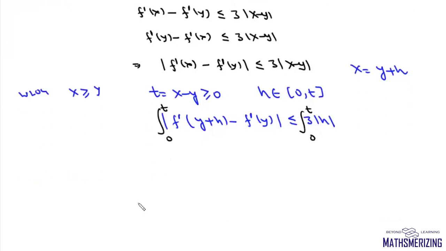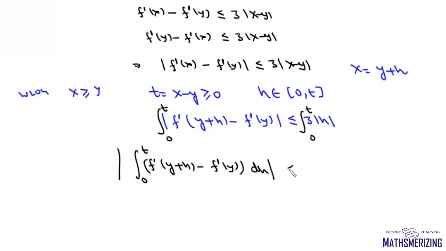So we'll write this as mod of the integral from 0 to t of f dash y plus h minus f dash y dh is less than or equal to the integral from 0 to t of 3 mod h dh.